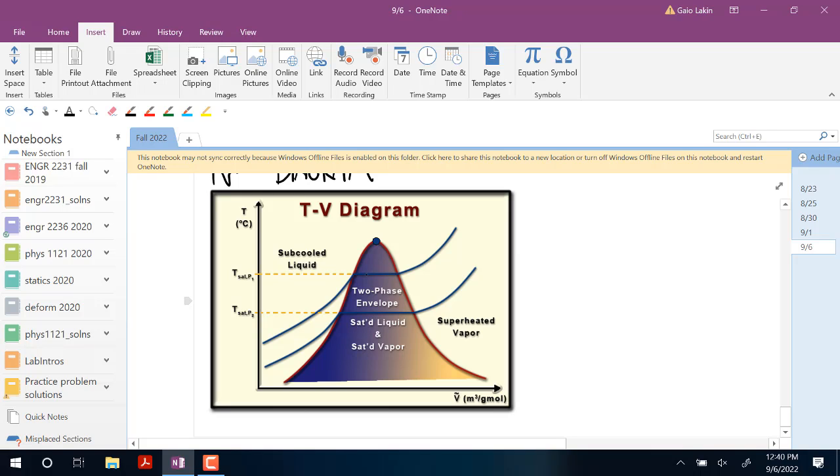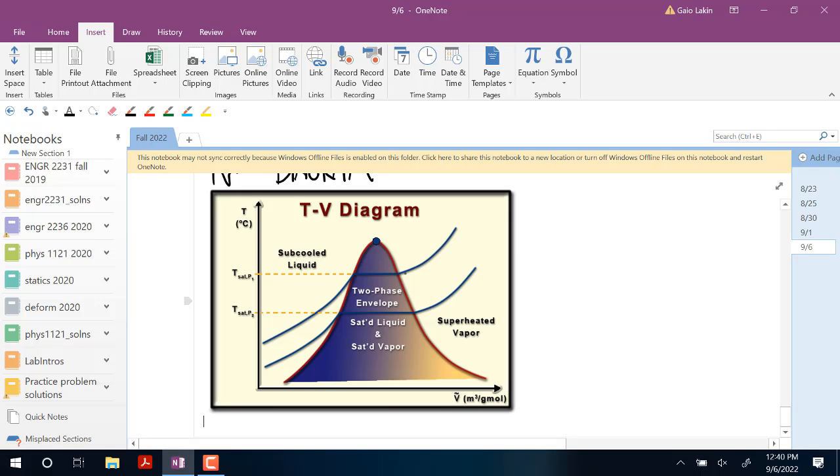But these phase change regions are the only places where you're adding internal energy and not getting an increase in temperature. Okay, and so you get more and more vapor and less liquid as you add internal energy until you get to this point where the entire material is saturated vapor. You're still at that same phase change temperature, but you don't have any liquid left.